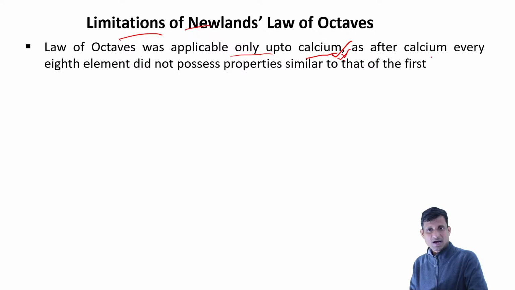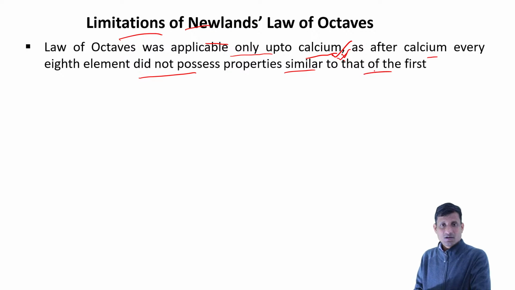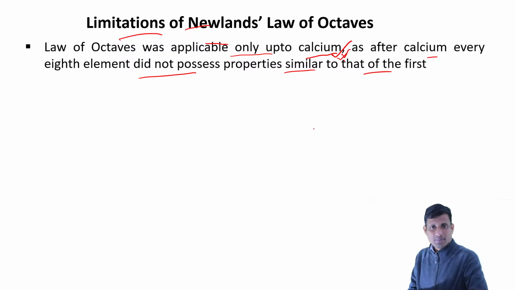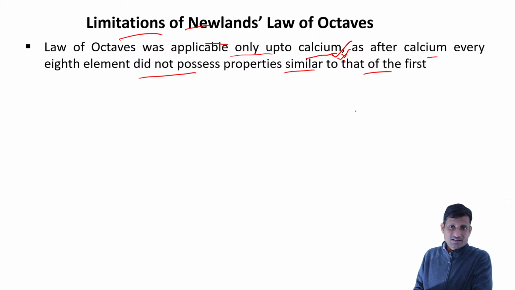That is why after calcium, every eighth element did not possess properties similar to the first one. With time we learned that there are d block metals, a large number of them, and they have pretty much similar properties. So the octave rule did not work for all these.